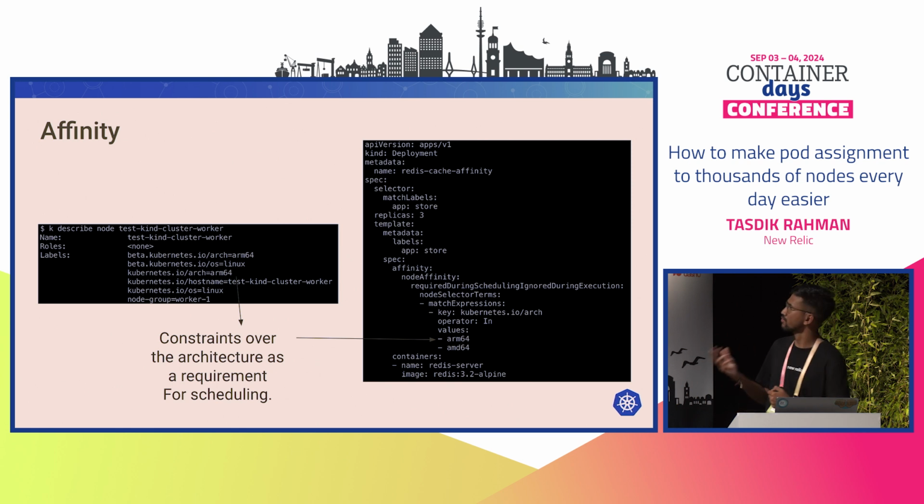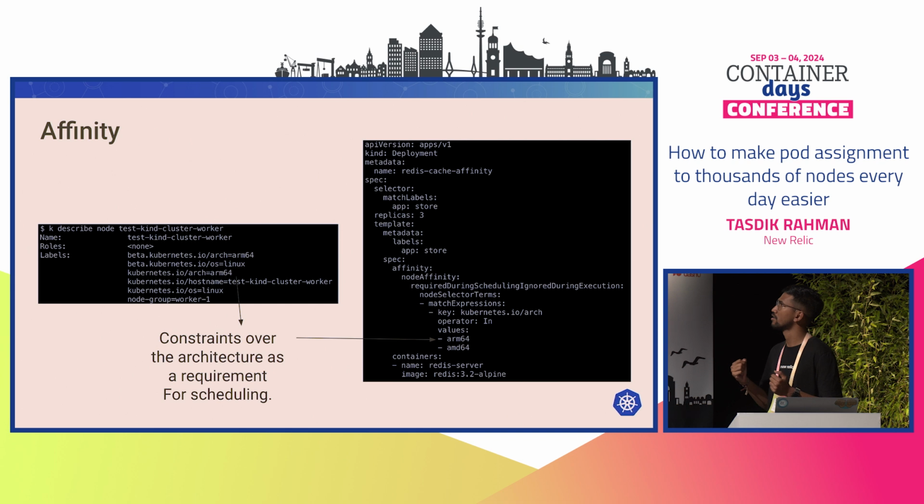Two small things which I want to quickly add before we move on to the next slide are two further knobs which you might end up using: requiredDuringSchedulingIgnoredDuringExecution, and preferredDuringSchedulingIgnoredDuringExecution. As you can see in this example, we are using node affinity combined with requiredDuringSchedulingIgnoredDuringExecution.